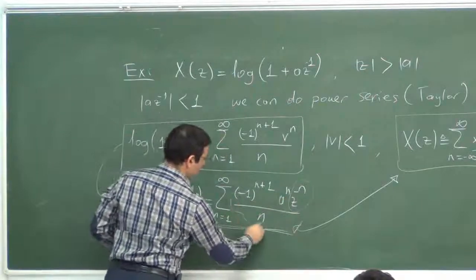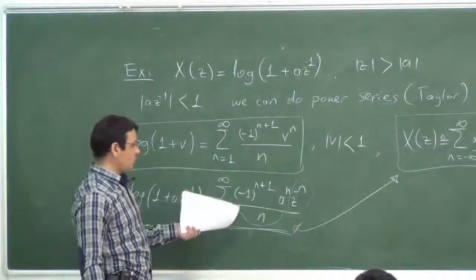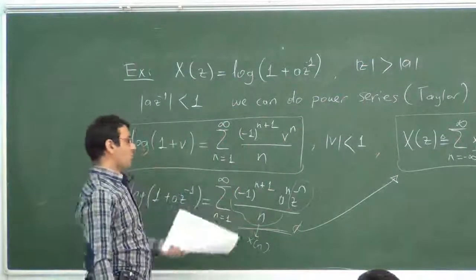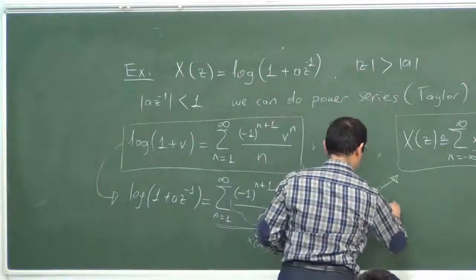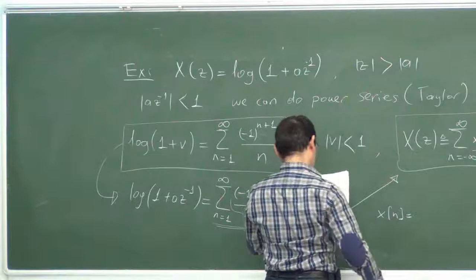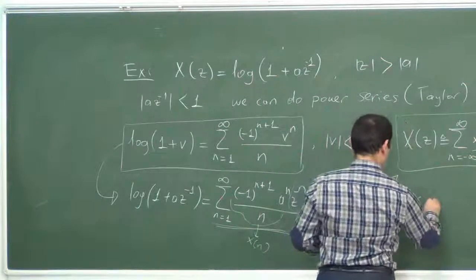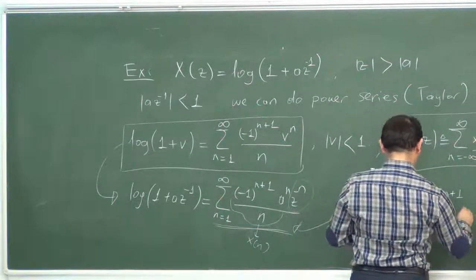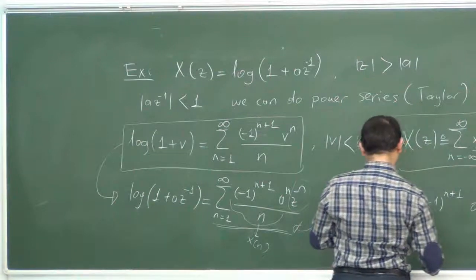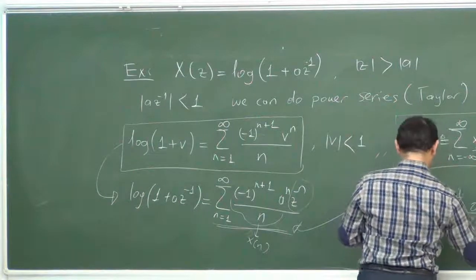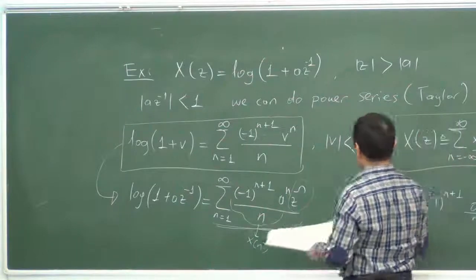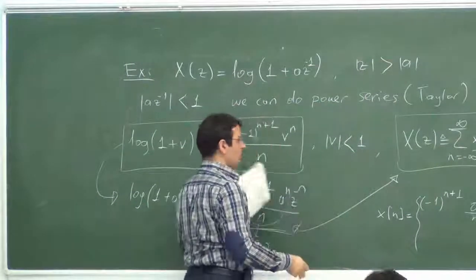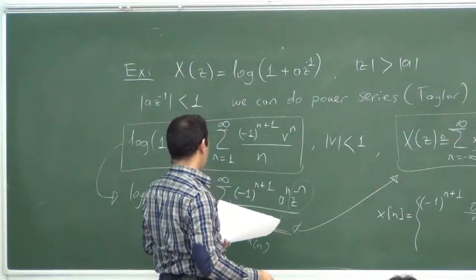So what about this part? This part is the inverse Z transform, xn in this case, by looking at these two expressions. So what about the xn? xn is simply minus 1 to the n plus 1 times a to the n over n, for absolute v less than 1, because this expansion is valid only in this condition.